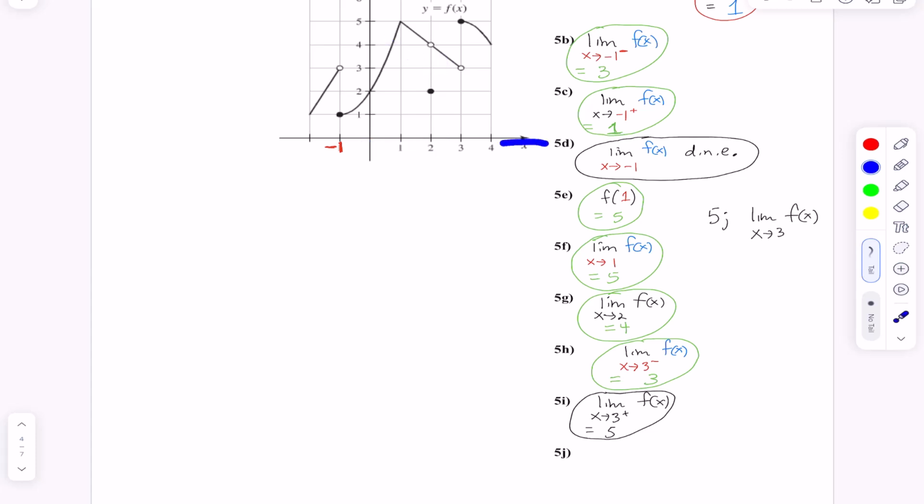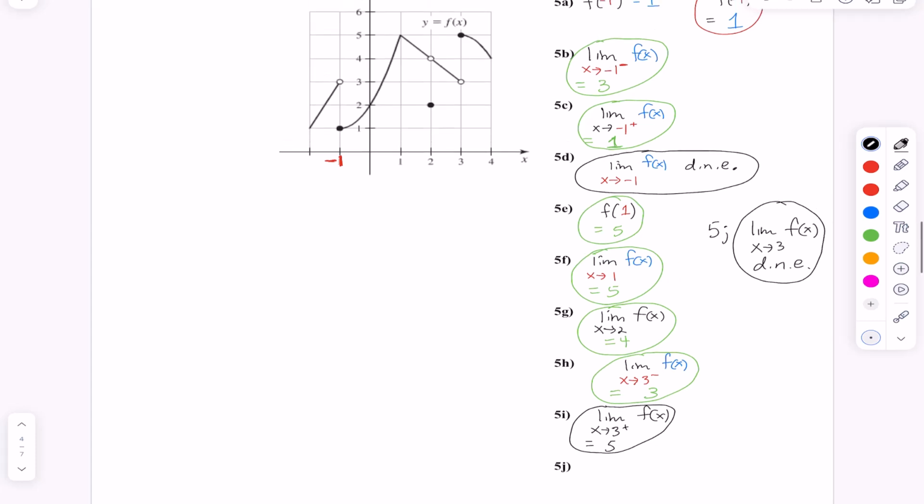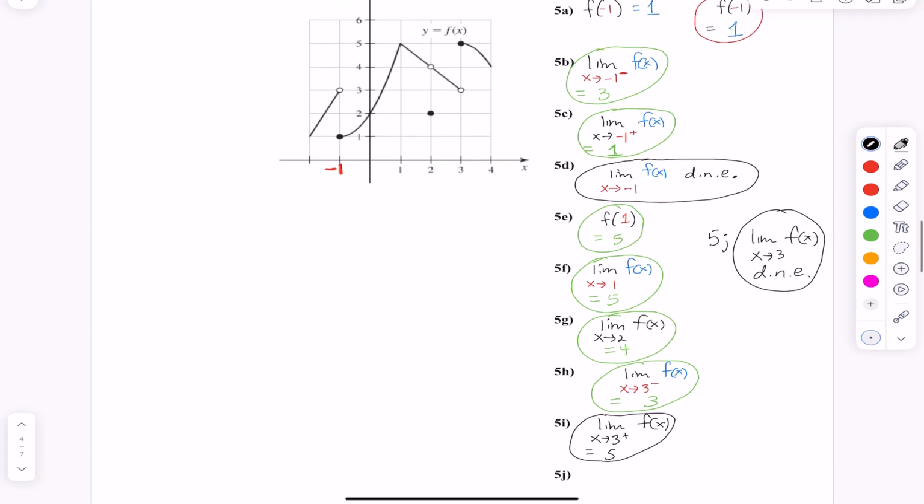But if you approach 3 from the right, the corresponding y values are going to 5. So 3 doesn't equal 5. So what we're going to write now is does not exist. So that limit as x approaches 3 from both sides does not exist. And that will conclude our writing for this example.